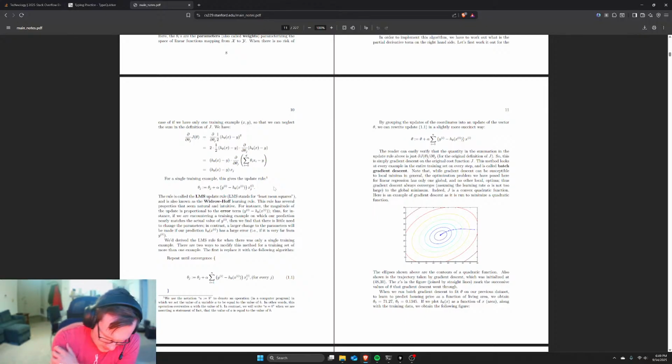So we update theta. We say theta plus the difference between the actual value for the sample itself minus the predicted value for it times what that component is for the sample.